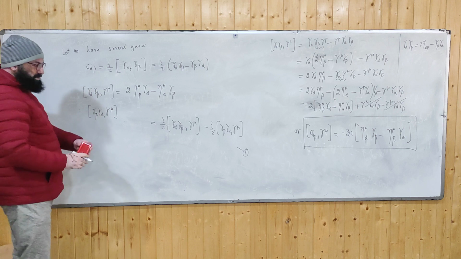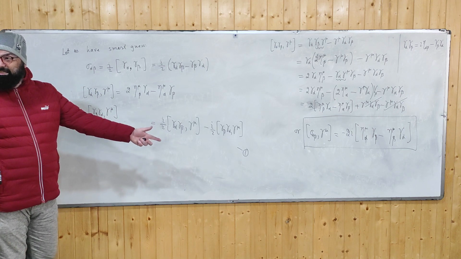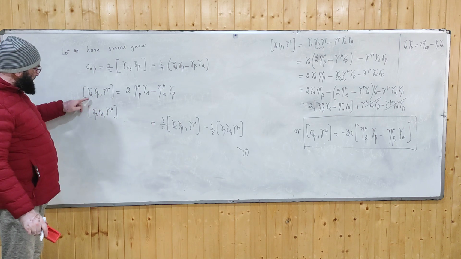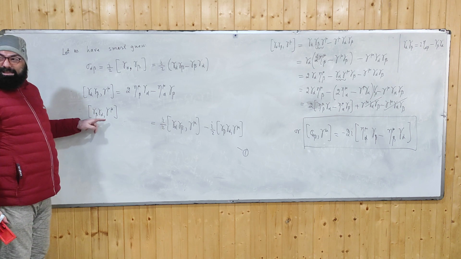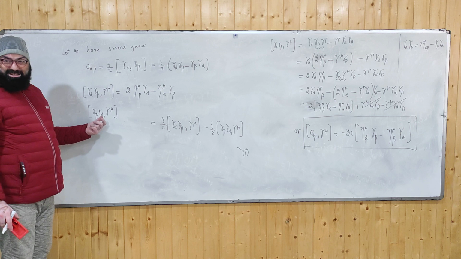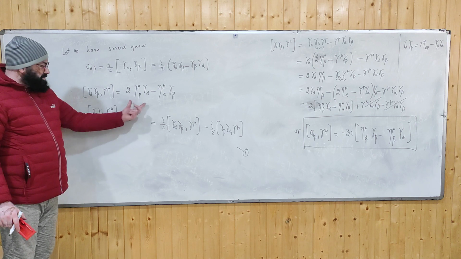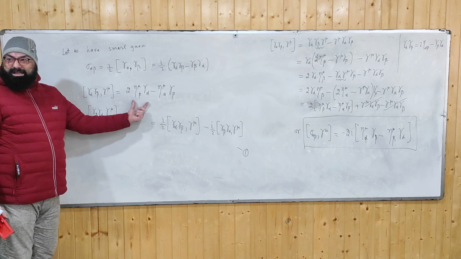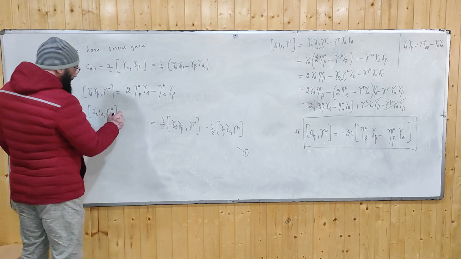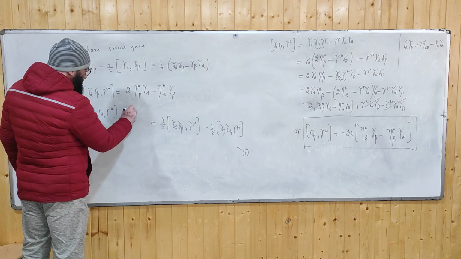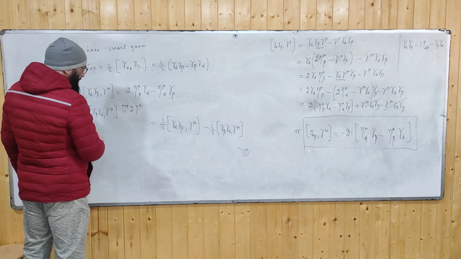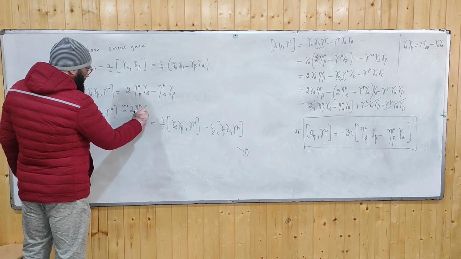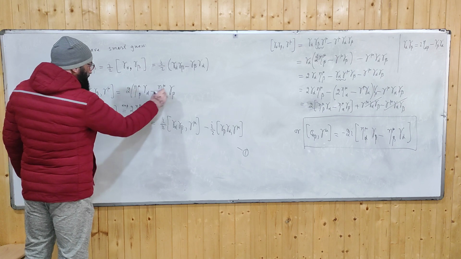In the first one you had alpha beta; in the second commutator alpha and beta are interchanged. So you just interchange alpha and beta in this result, so that is equal to twice eta mu alpha gamma beta minus, and so on.